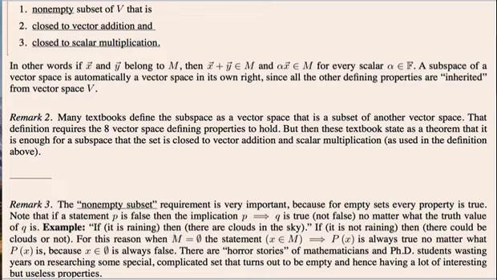For this reason, when M is an empty set, the statement that if x is in M, then we have the statement P of x, which usually means a property involving x, this implication is always true no matter what P of x is. Because x is in the empty set, since M is an empty set, this is always false, because there is nothing in the empty set.